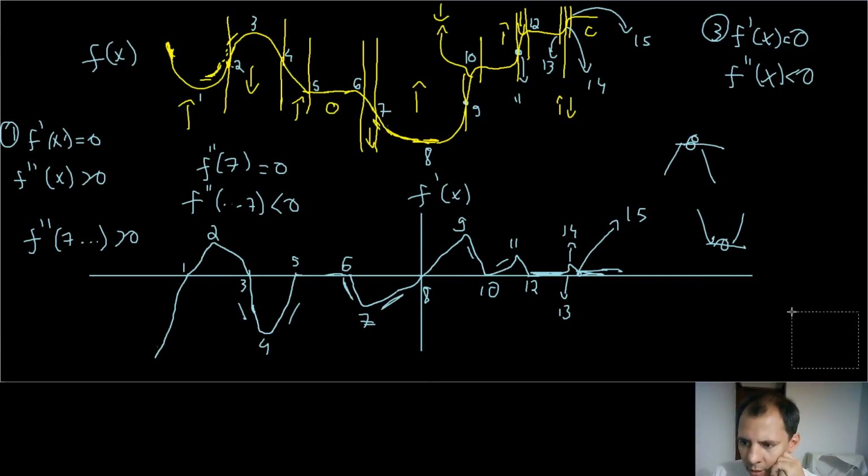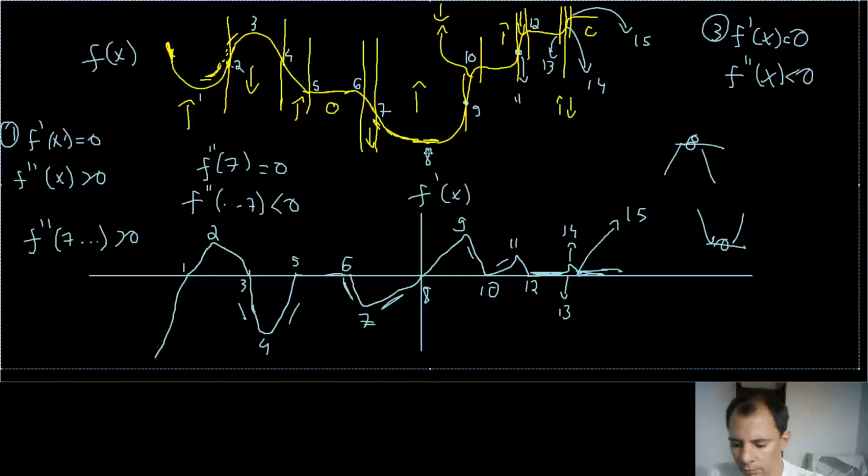I'm going to erase all this stuff right here. And you also have to look, because all these things they're also related to when stuff doesn't exist. When the second derivative doesn't exist, when the first derivative doesn't exist. So these are also critical points and you have to check them out. But as a general rule, when the first derivative is 0 and the second derivative is greater than 0, this is a minimum.